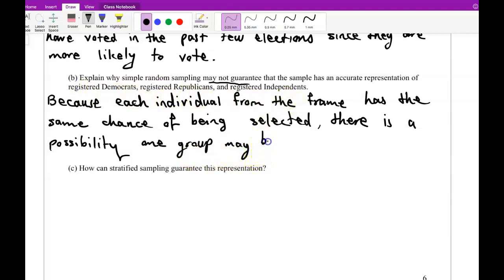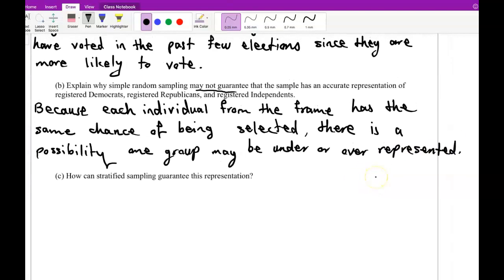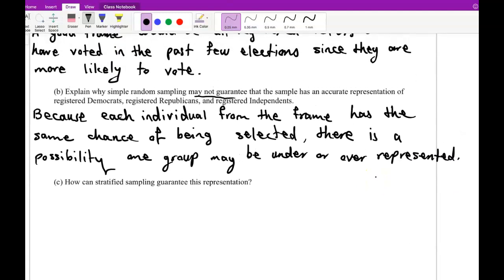That one group may be under or over represented. So each one of these groups may be under or over represented, and that means that we're not following the rule that we had for randomness.